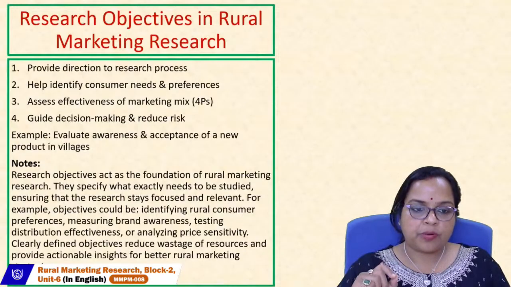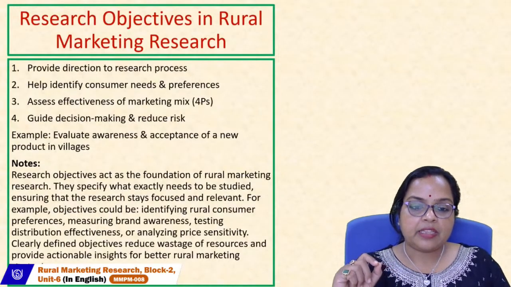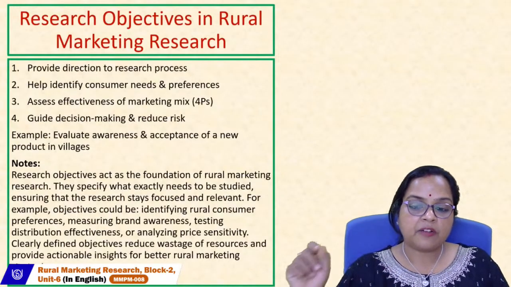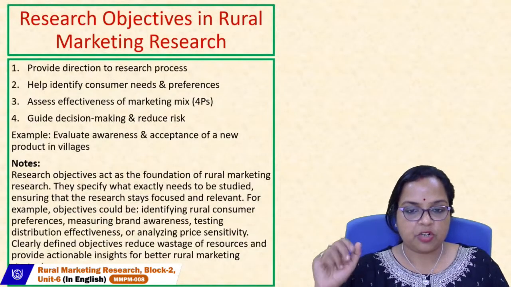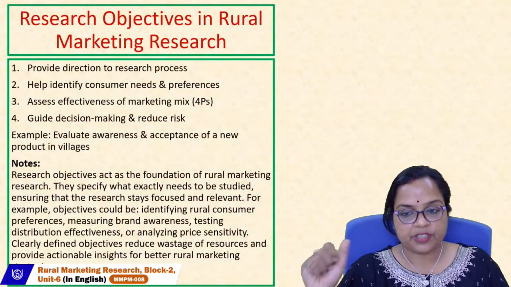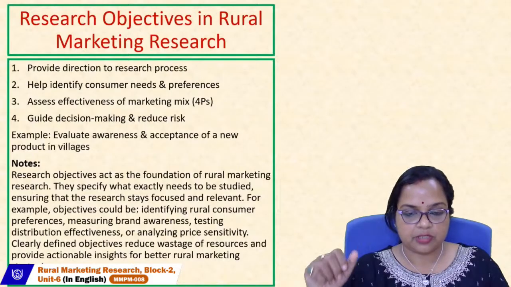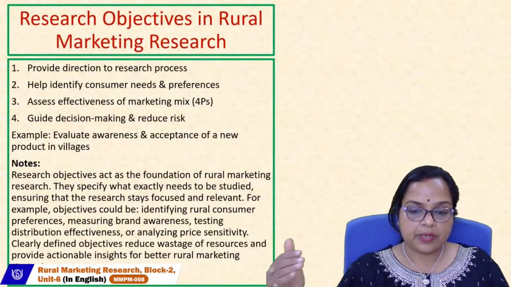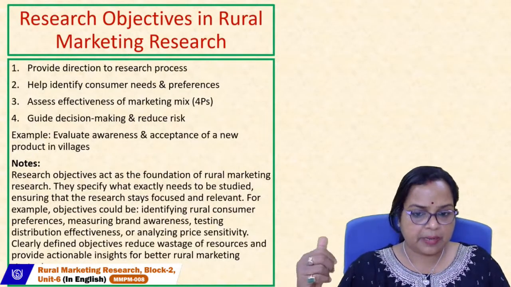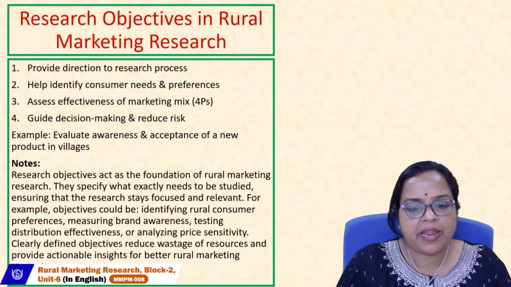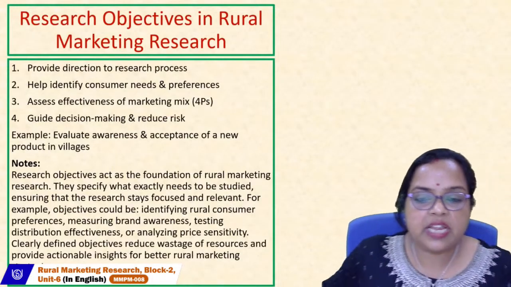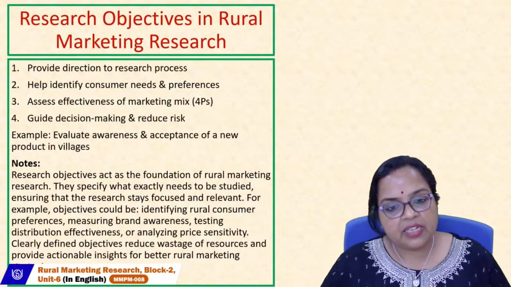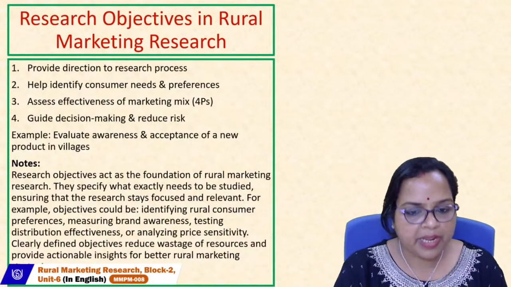For that particular problem, you may identify that they are not aware of the brand of solar lantern you are supplying them. They are not brand aware, or they don't know the exact product features. They are not that educated about the features of your product. That may be the cause. That is the reason they are not buying it. If they know the details of your product, then they may feel the need to buy it.